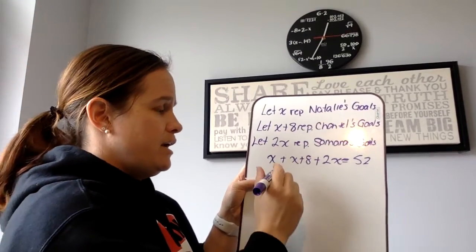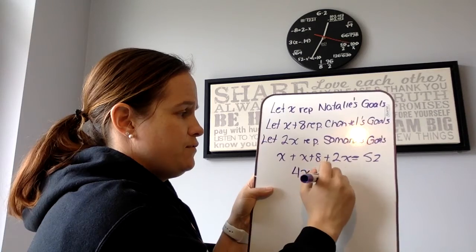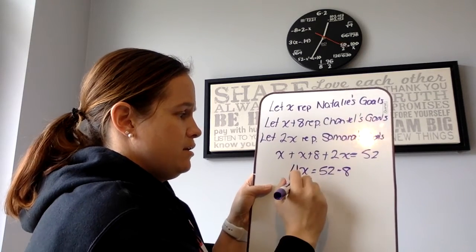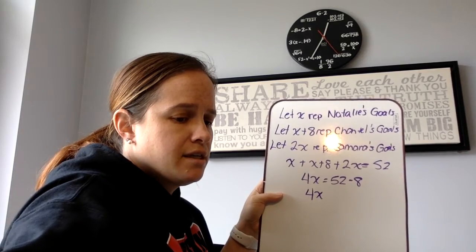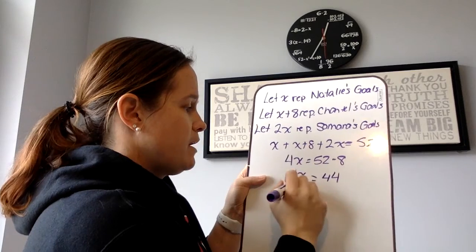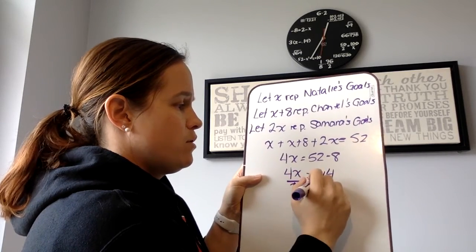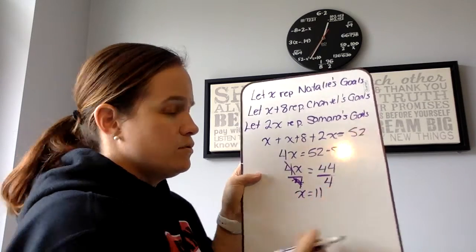So then you're going to go ahead and solve this. So 4X equals 52 minus 8. 4X and 52 minus 8 is 44. Isolate, divide by 4, divide by 4. Those cancel out. X is equal to 11.